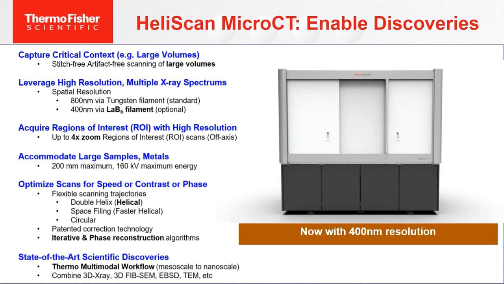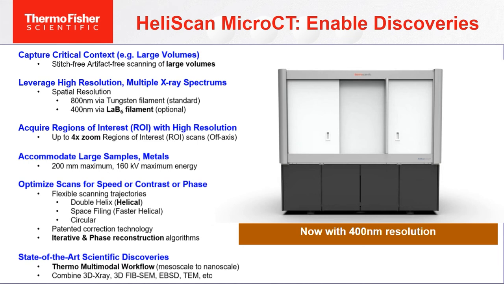It can acquire using both tungsten filament, which is what most MicroCTs use to generate X-rays, as well as a LaB6 filament. And that enables you to get down to 400 nanometer resolution. And it also gives you a different X-ray spectrum, which has different sensitivity, which for certain samples is going to give you a better ability to discriminate different densities in your samples.